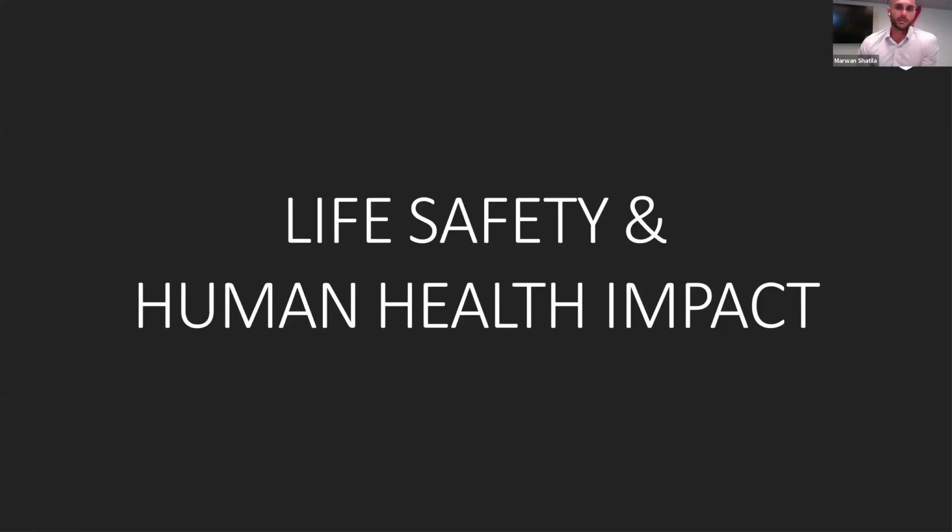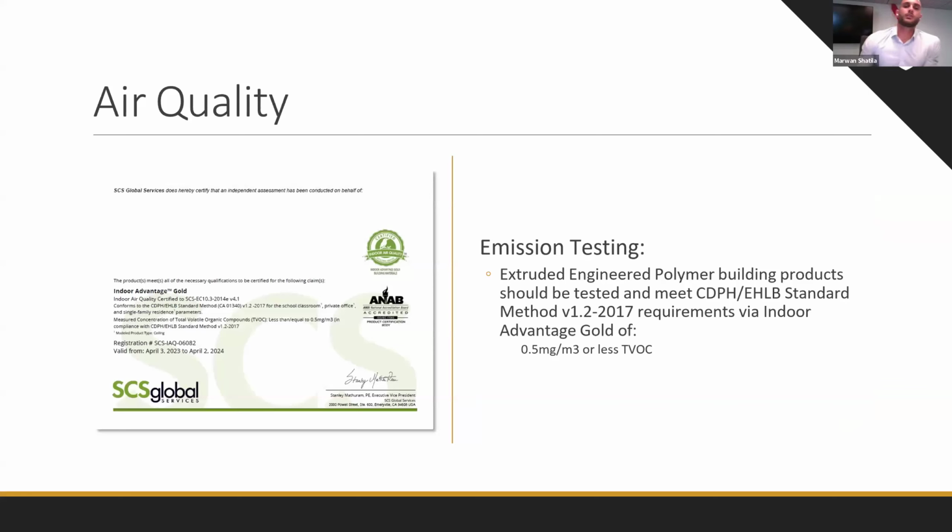Safety and human health impact. We don't have to spend too much time on this, but essentially what this is alluding to is that we do have certifications. We manufacture very, very responsibly to mitigate the emissions that are used in the manufacturing process for this product line.